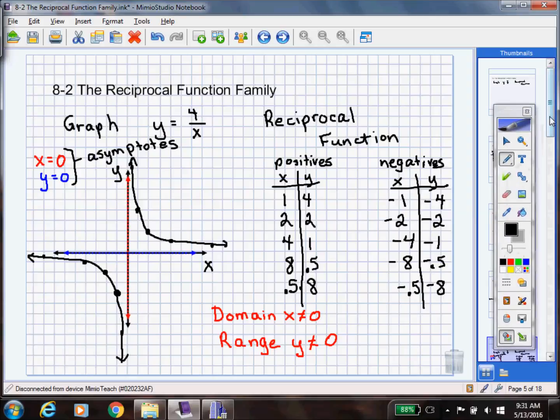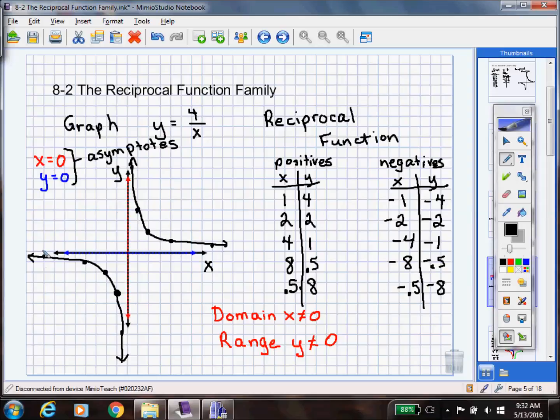Every graph has those two lines that divide it up, called asymptotes. You have a vertical and a horizontal asymptote. These are the lines that the curves are approaching, but they never cross over.